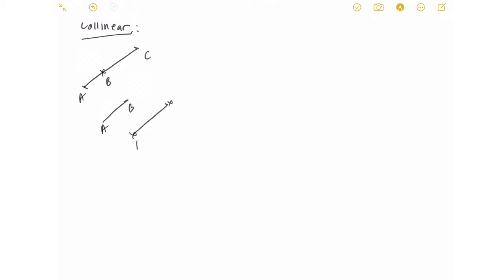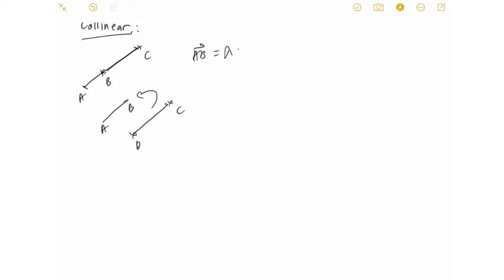Now, let's move on to collinear points. If three points, for example point A, point B, and point C, are collinear, we can use a concept similar to parallel. Not only are AB and BC parallel, they are also collinear.